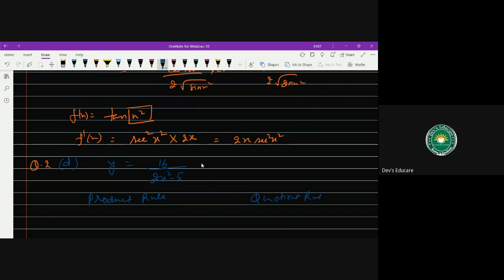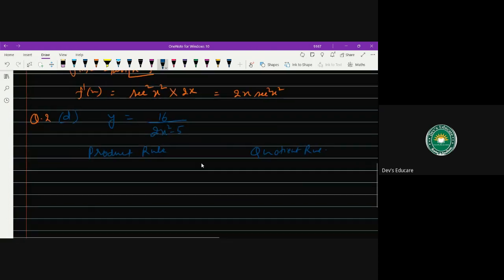Okay, product rule is what? Suppose we have two functions, u and v. The derivative of uv, (uv)', will be v times u dash plus u times v dash. And the quotient rule: (u/v)' will be v times u dash minus u times v dash, upon v square.